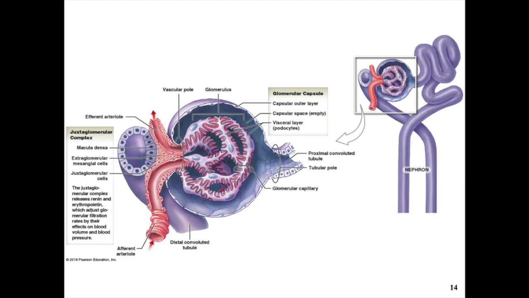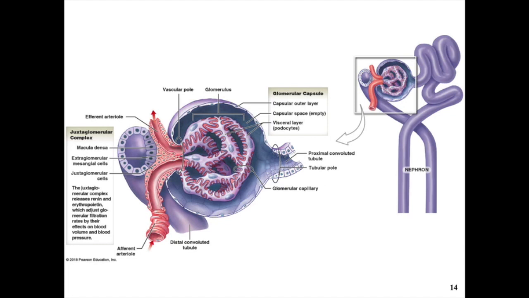The picture also shows you more things as far as the layers of the capsule. Note that the capillaries will be surrounded by a visceral layer of the glomerular capsule, which is called the podocytes.